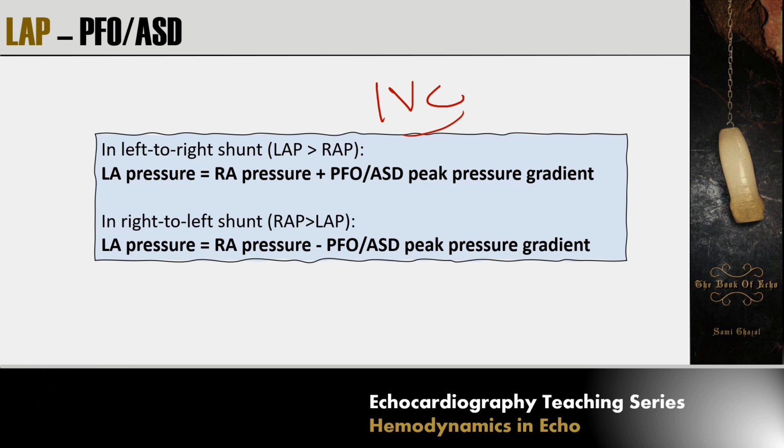Again, if LA pressure is higher than RA pressure, LA pressure will equal RA pressure plus the gradient between them through the ASD or PFO. If RA pressure is higher than LA pressure and we have right to left shunt, in that case LA pressure will equal RA pressure minus the gradient between the two chambers.